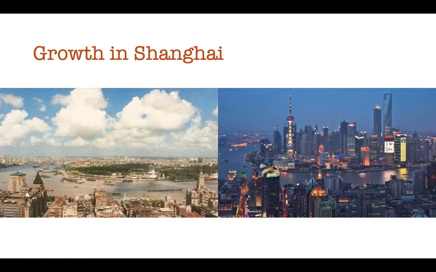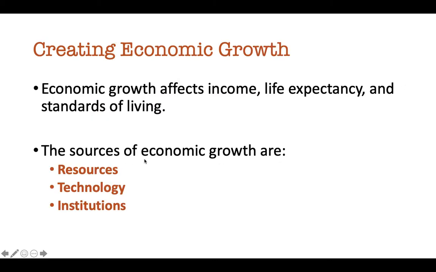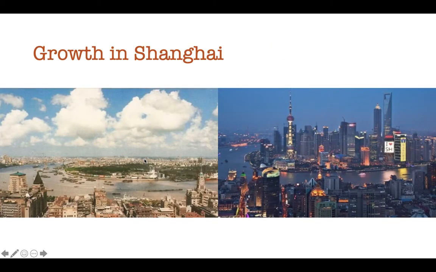So here I have two photos of the same skyline in Shanghai. Now, if I told you this was a skyline in an American city, you might think there were several decades, maybe even a century between these photos. This looks like something from way back when. But in reality, there is only 20 years between these photos in Shanghai.